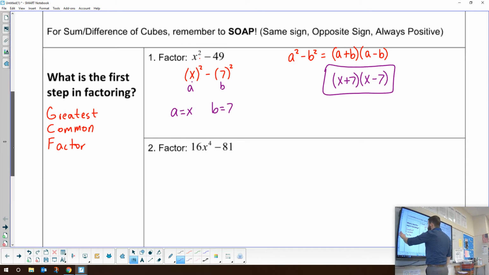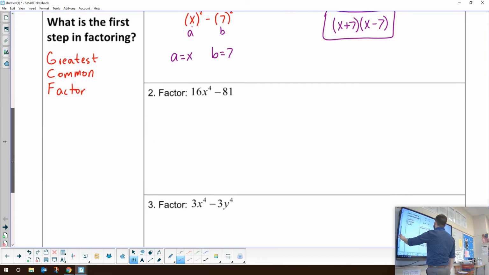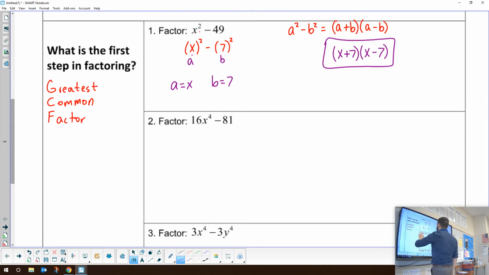Okay, so number 2, similar idea. We have a 16x to the 4th minus 81. So first step, we're going to define what A and B are. So in this case, check it out. We're going to square root both of these. The square root of 16 is 4. And the square root of x to the 4th is x squared.